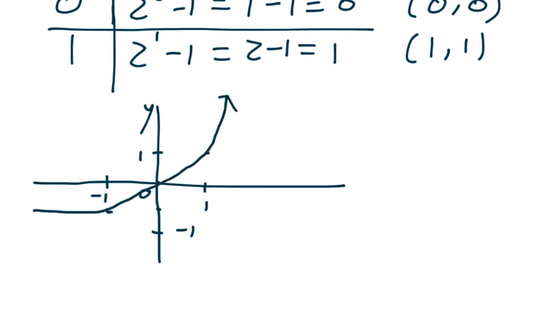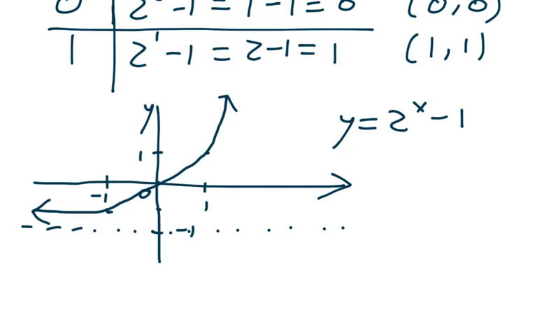And now I should also point out that if we took the x-axis, y equals 0, that's going to shift down to y equals negative 1, because again, we're looking at the graph of y equals 2 to the x minus 1.